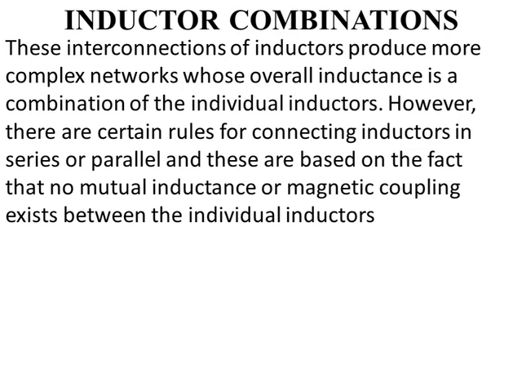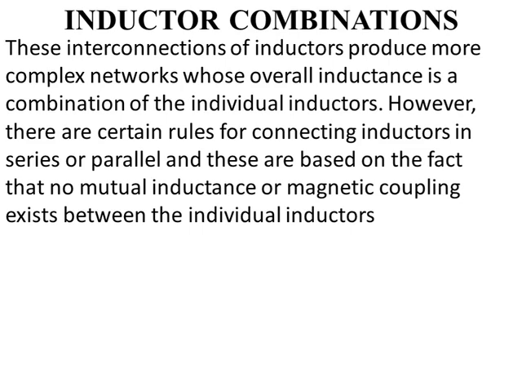So in other combinations, these interconnections of inductors produce a more complex network whose overall inductance is a combination of the individual inductors. That is the total inductance, maybe for the series or the parallel combination.